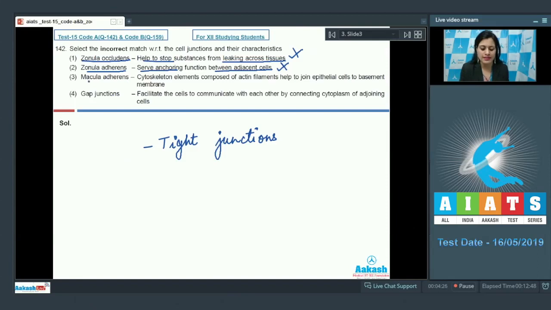The next match given is macula adherens, and the match given is cytoskeleton elements composed of actin filaments help to join epithelial cells to basement membrane.